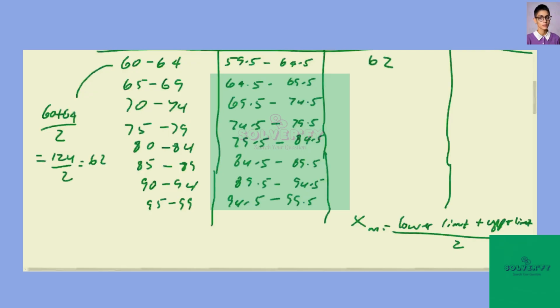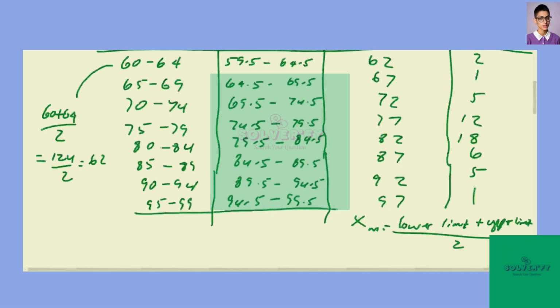So we have all these midpoints coming up based off of that data. And the frequencies still stay the same, like we mentioned before. We need all this data to make sure that our histogram and our cumulative frequency graph, our ogive, make all the sense that we need.